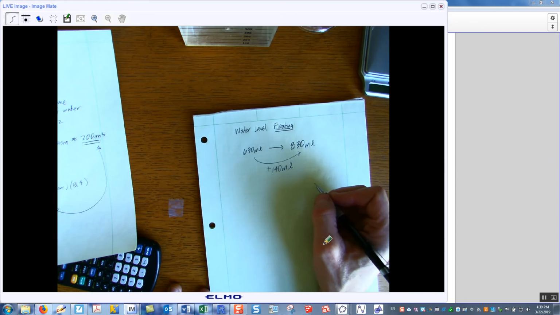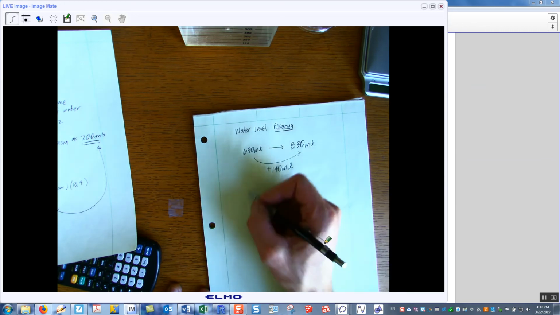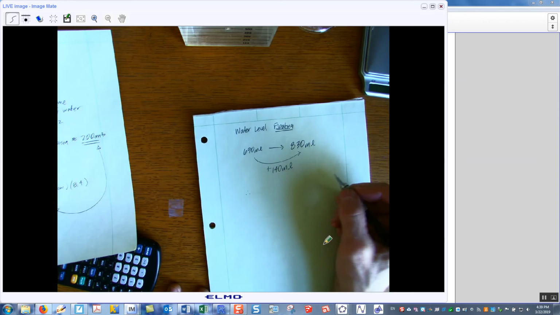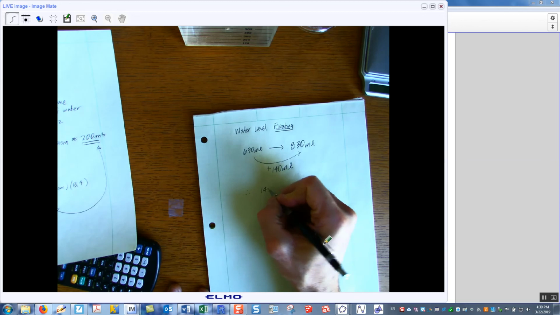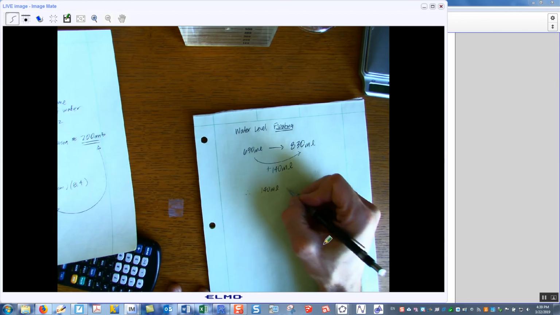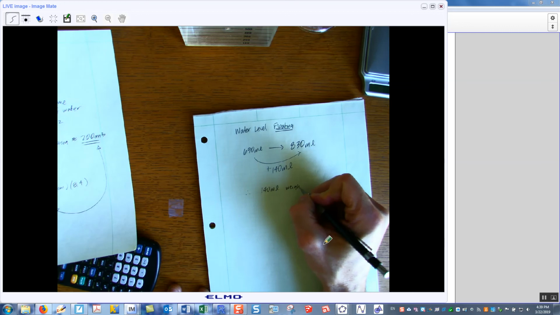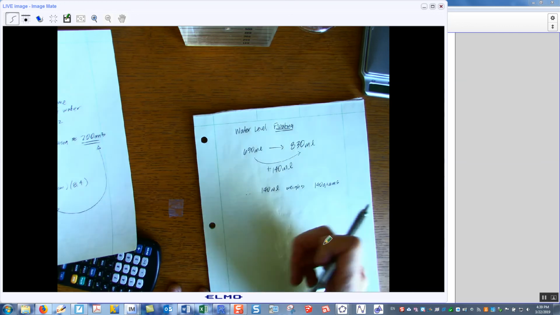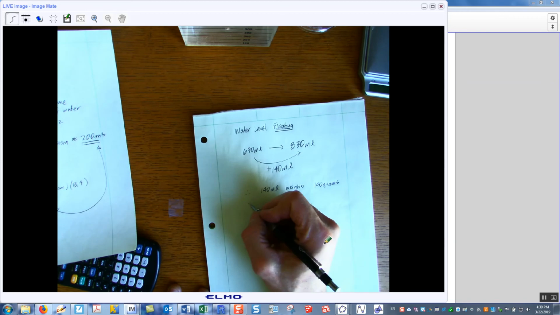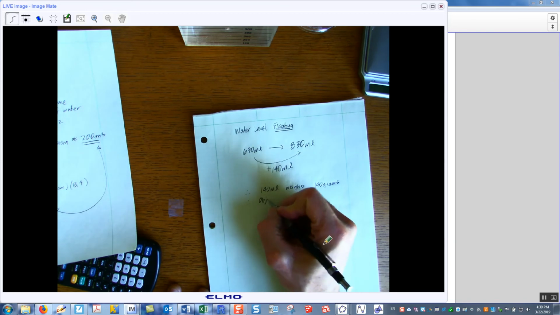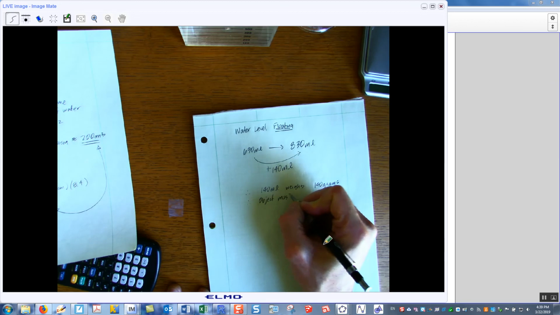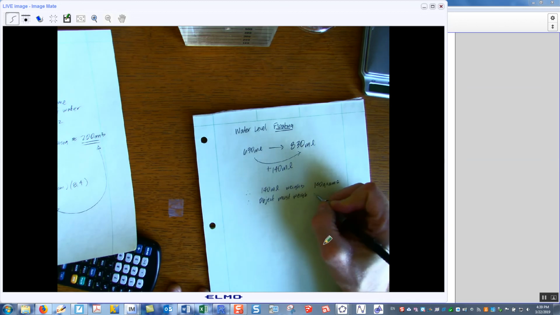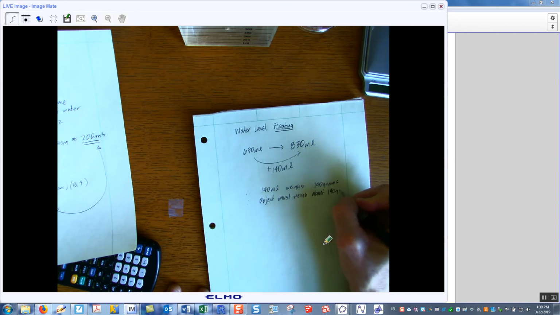Now, Archimedes' principle says that the object will displace an amount of water equal in weight to the weight of the object. So 140 milliliters of water weighs 140 grams. And since this was the amount that was displaced, the object must weigh about 140 grams.